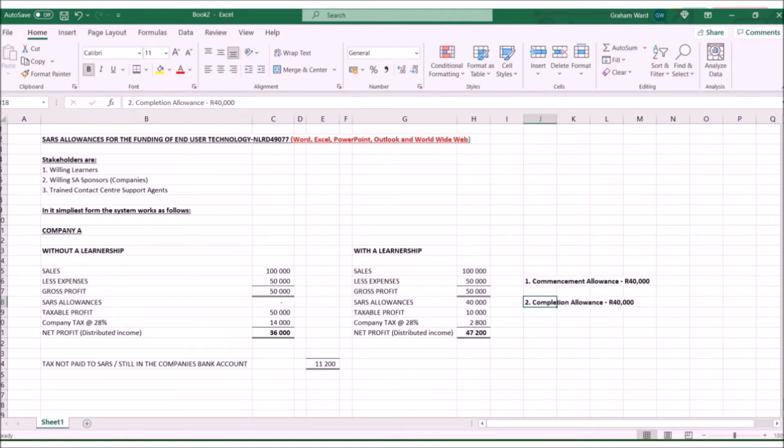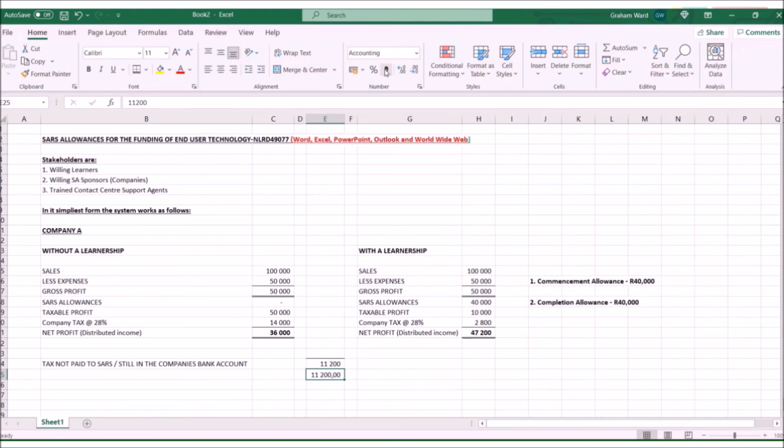So basically, a further 11,200 is available for the completion allowance. And if the training provider charges the sponsoring company a fee of 22,400, then effectively free training has taken place.